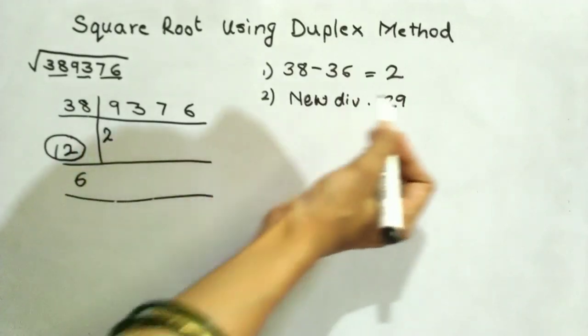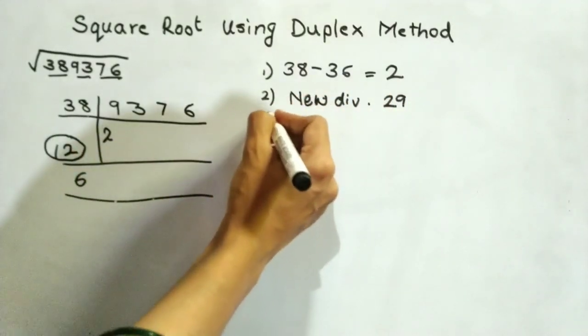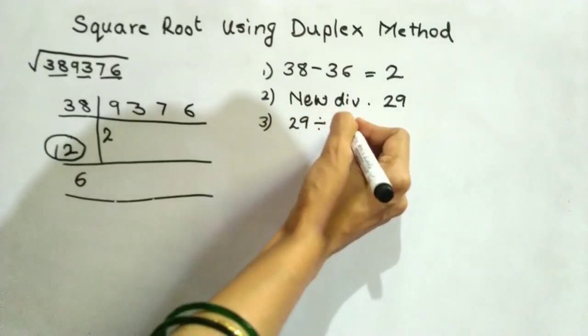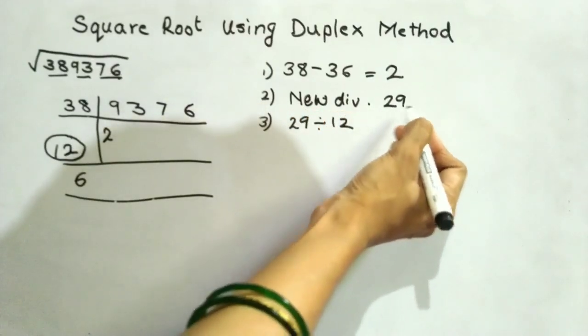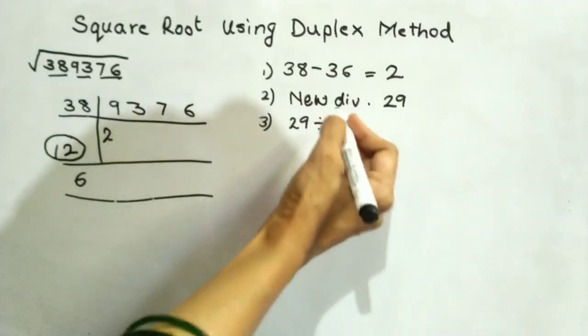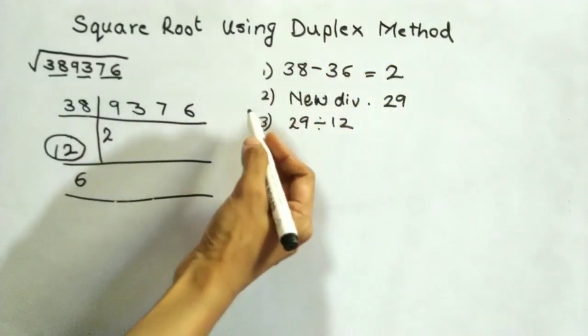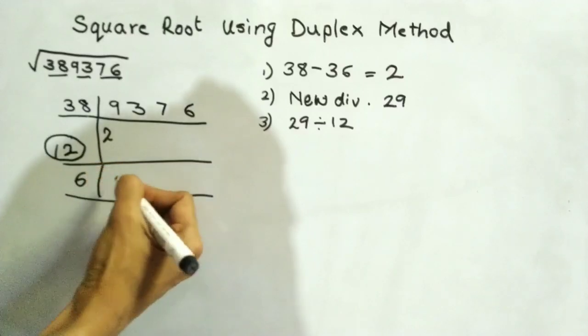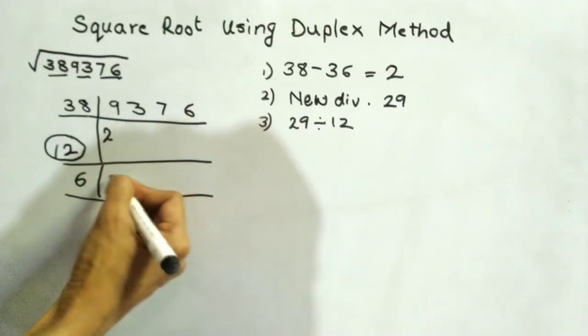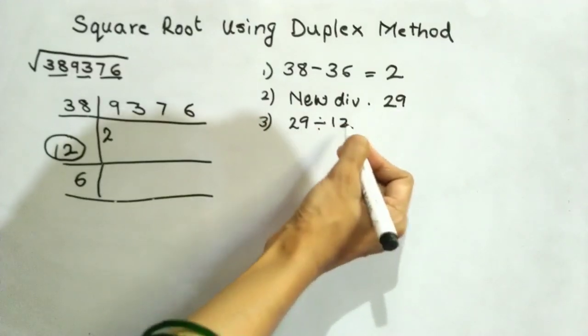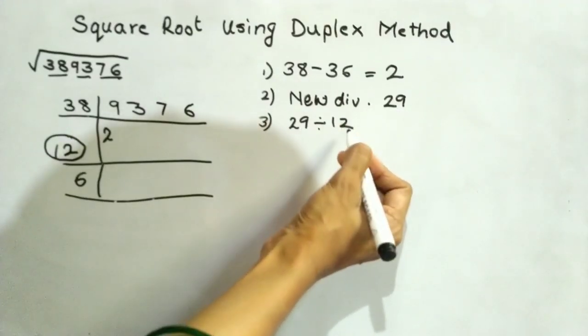Okay, so now we have this 29. Now the third step is we divide this 29 by 12. Here we are not subtracting anything from this, because we normally need a corrected dividend when we use the duplex method. Here we haven't got anything in this range, so we are not doing anything with 29. We are directly dividing 29 by 12.